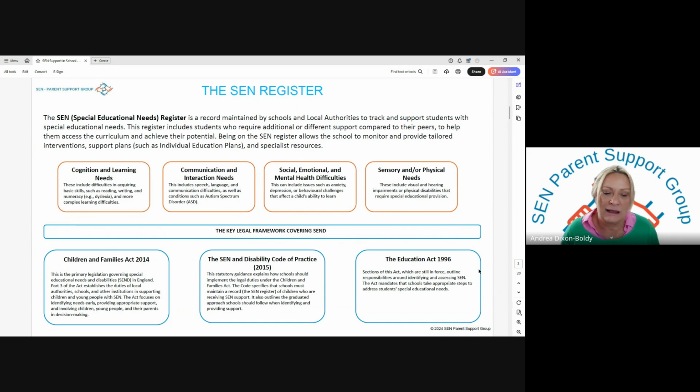It also outlines the graduated approach schools should follow when identifying and providing support. The Education Act 1996. This section of the Act, which still is enforceable, outlines the responsibilities around identifying and assessing SEN. The Act mandates that schools take appropriate steps to address students' SEN.